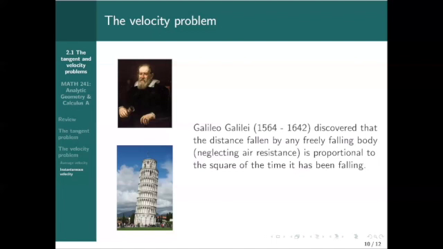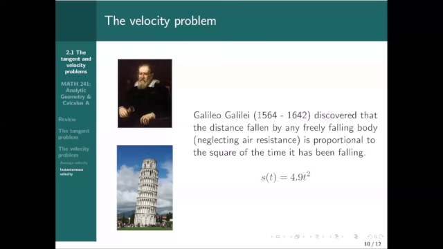And then if we neglect air resistance, it's going to depend on the square of the time that the object is falling, as it says in the slide. And then we represent this fact by this function that we have in the slide, s of t equals 4.9 times t squared, where s is the distance in meters fallen by the object after t seconds.